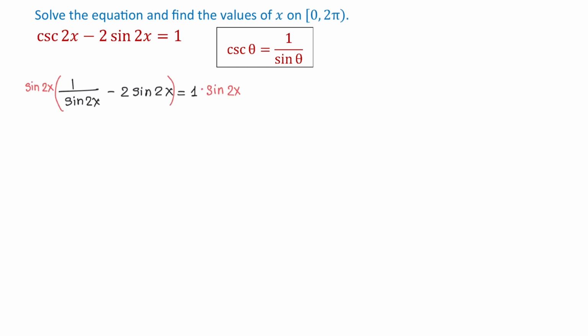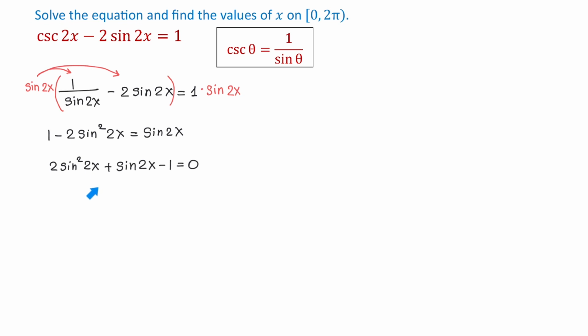Then on the left side, we will use the distributive property, and we will have 1 minus 2 sine squared of 2x equals sine of 2x. Next, we will move all the terms to one side, and we will have 2 sine squared of 2x plus sine of 2x minus 1 equals 0.